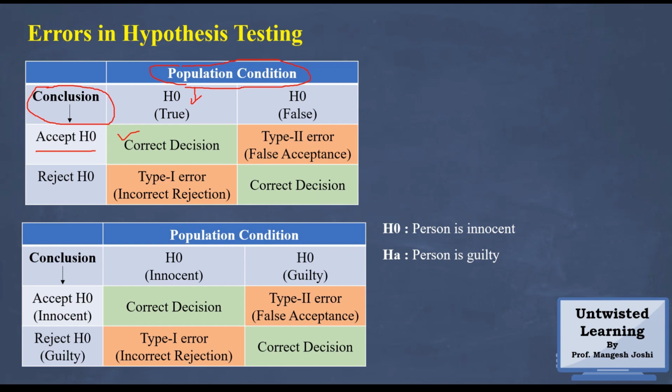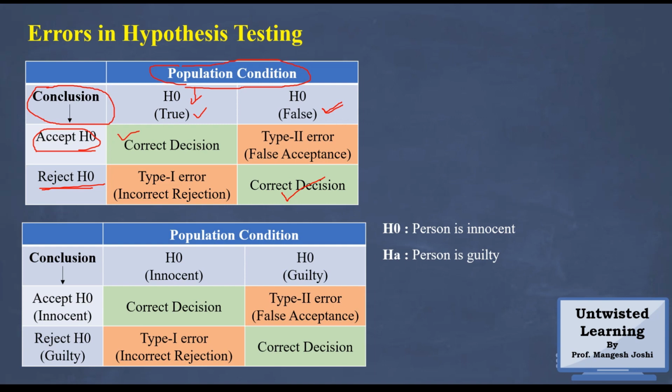Similarly, if the population condition of H0 is false and you have decided to reject H0, you land on the correct decision. But if the population condition is true, H0 is true, and you are rejecting H0, you are committing type 1 error, which is incorrect rejection. Similarly, if your population condition is false and you should reject H0, but you accidentally accepted H0, in that case, you have committed the type 2 error, that is false acceptance.